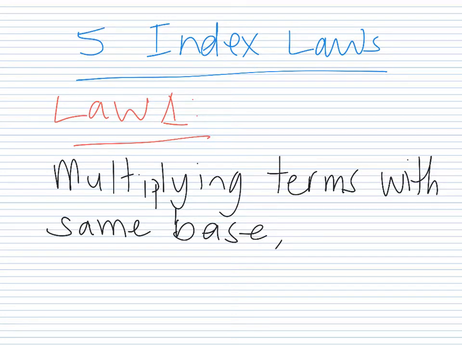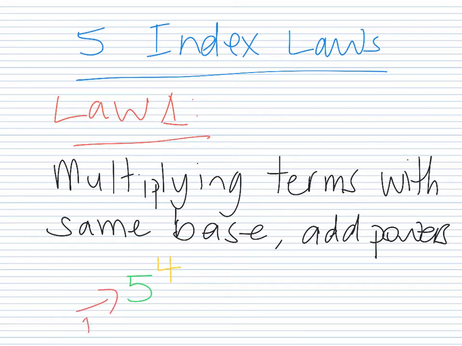But when we're multiplying terms with the same base, we add the powers. So you may remember that if we had the number 5 to the power of 4, this number here is the base, and this number here is the index. So law number 1 says when we're multiplying terms with the same base, we add the powers.